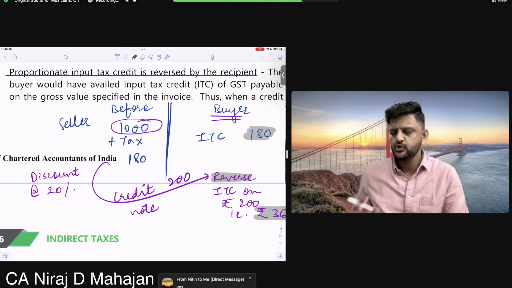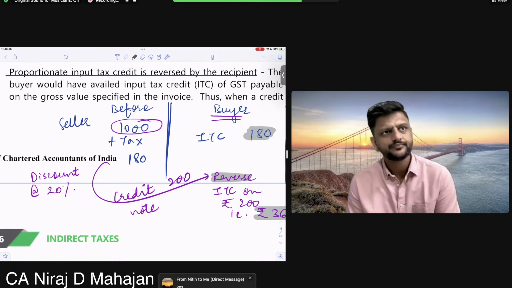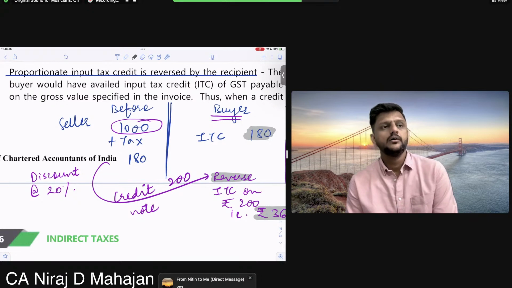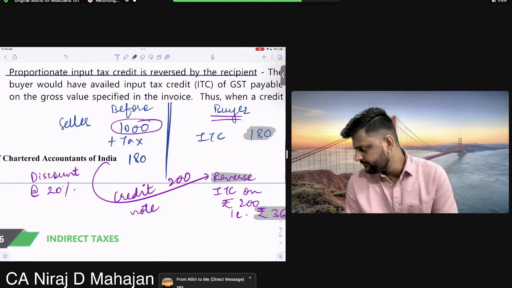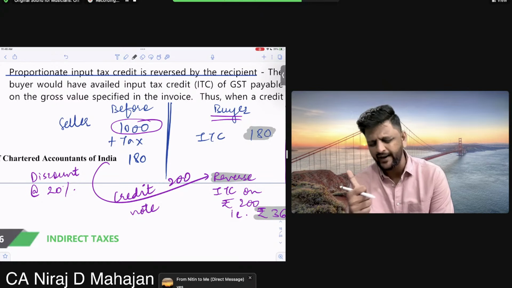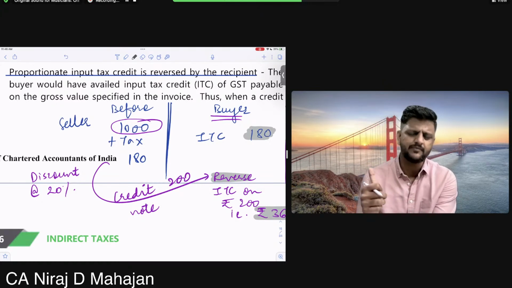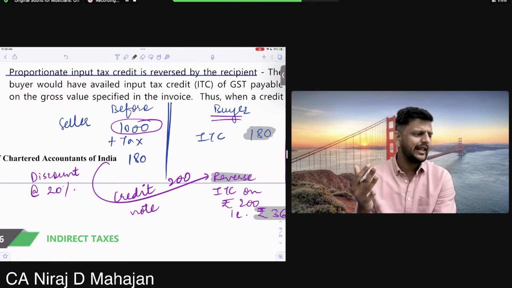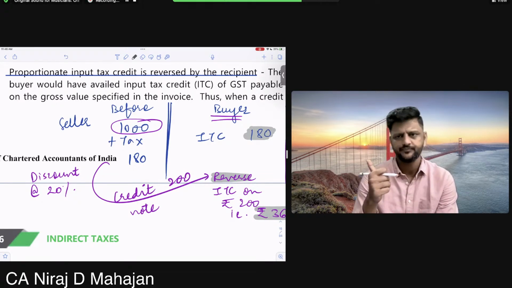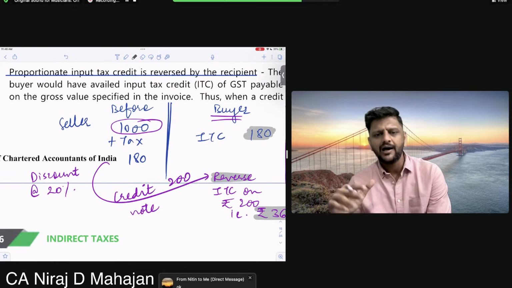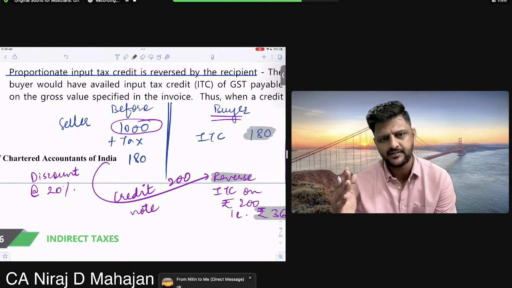Clear? So what are the dual conditions? That the credit note was issued and the agreement to discount was done beforehand, and that the discount can be traced back invoice-wise. Traced back means calculated on an invoice-to-invoice basis. And secondly, the buyer has also reversed the excess ITC.